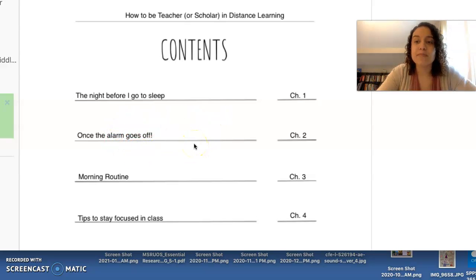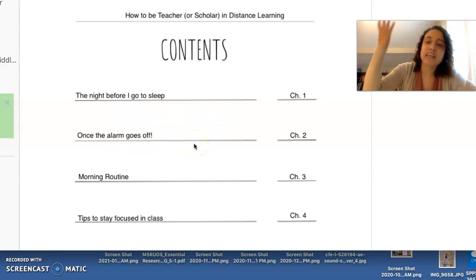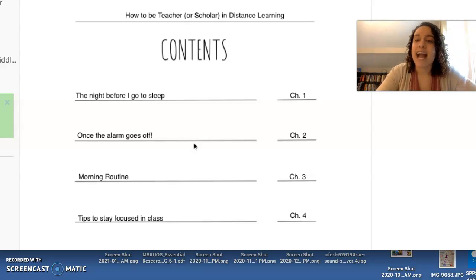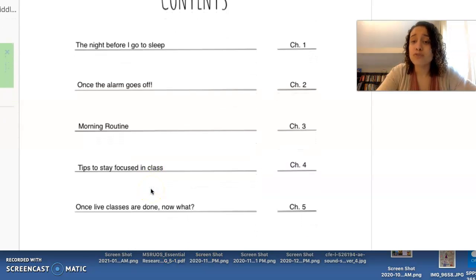Chapter two, I was thinking about once I hear my alarm go off, what are my action steps? What am I doing when it is time to wake up? Morning routine: before I start my classes, what am I doing? What makes me feel successful and ready for the day, and maybe some things that don't make me feel ready for the day. Tips to stay focused in class.